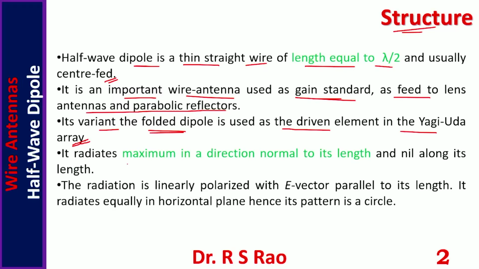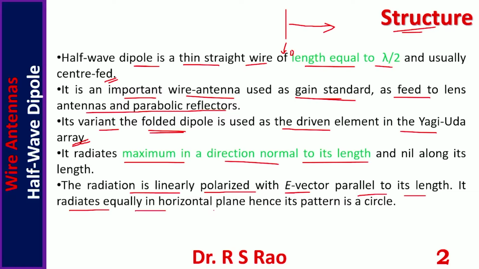Dipole radiates maximum in a direction normal to its length. If this is the dipole, radiation is maximum normal to its length, and nil along its length. In this direction, along the length of the dipole, radiation is 0. Normal, it is maximum. The radiation is linearly polarized with the E vector parallel to its length. It radiates equally in the horizontal plane, hence its pattern is a circle in this plane.